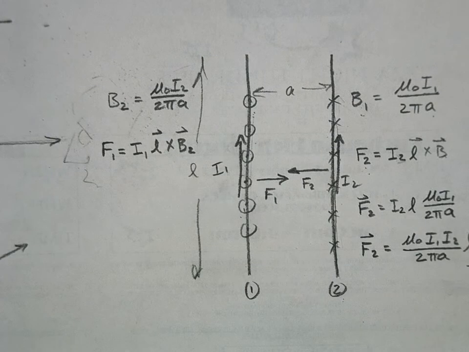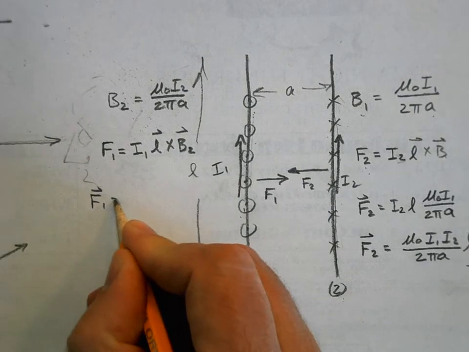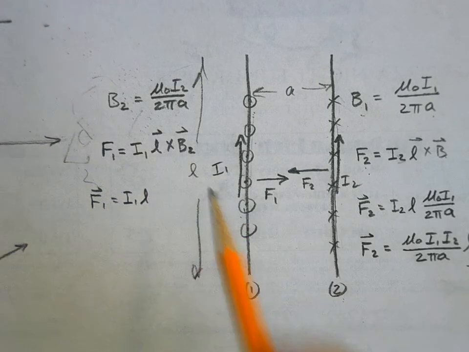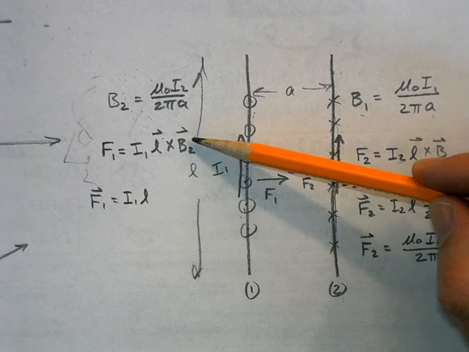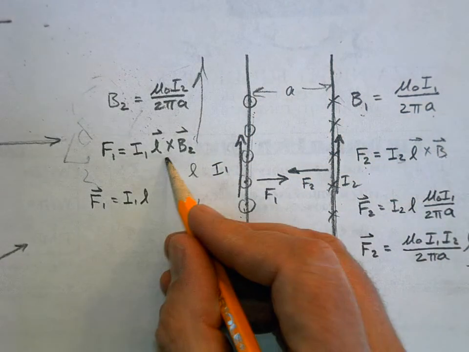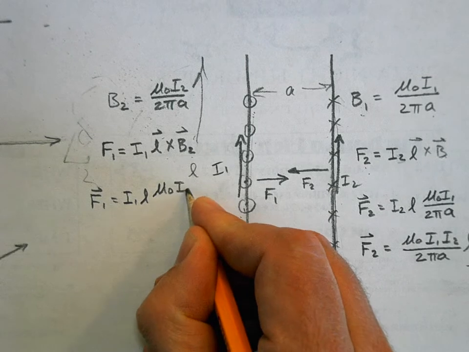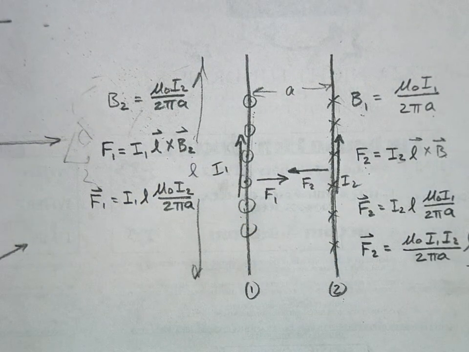And so F1 is equal to I1 times L. Now, it's a 90-degree angle between L and B2, so it's just L times B2, but B2 is mu naught I2 over 2 pi A. So let's rearrange this.